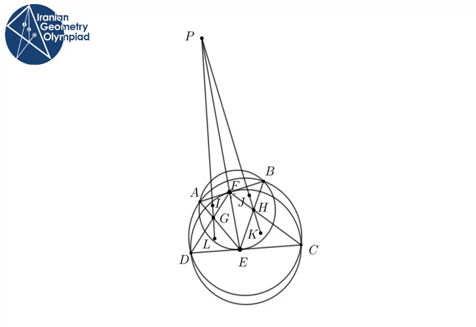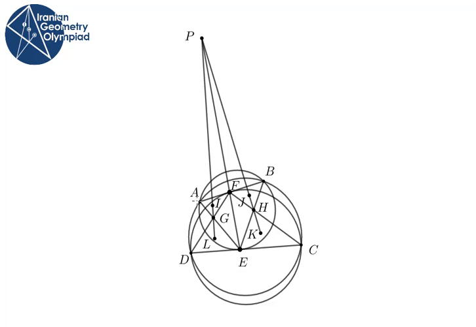Now we know that FJKE is cyclic, so PJ times PK equals PF times PE, and also FILE is cyclic, so PF times PE is equal to PI times PL, and this implies that PJ times PK is equal to PI times PL.